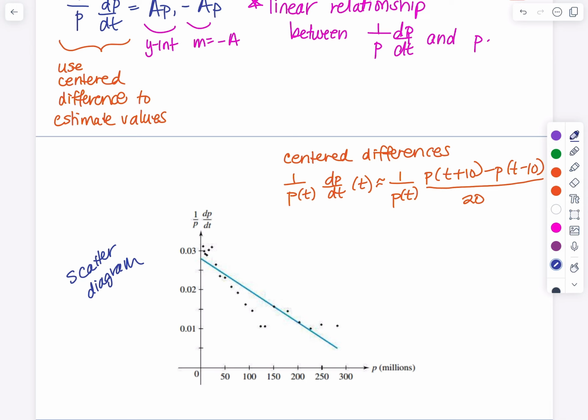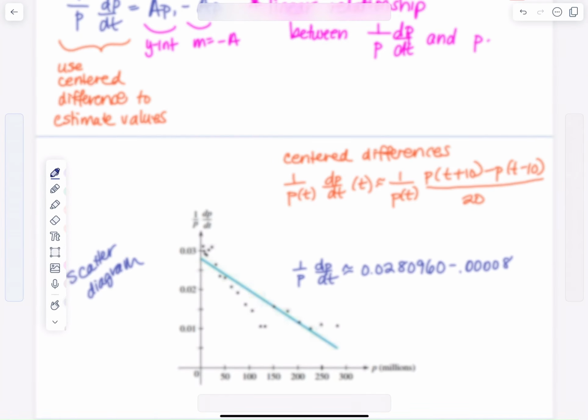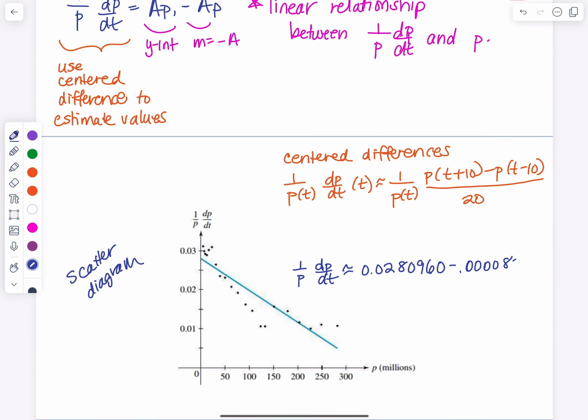And so you can see here 1 over P dP/dt, and using that linear regression or least squares linear fit, we come up with 0.0280960 minus 0.0008231P.